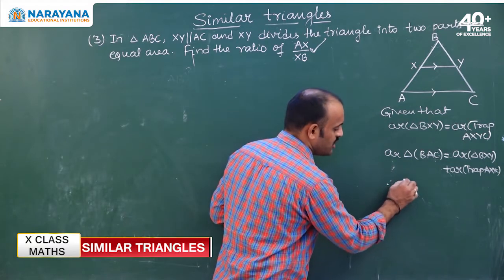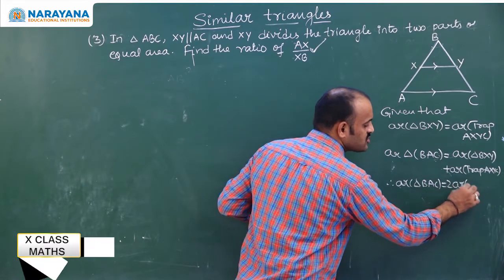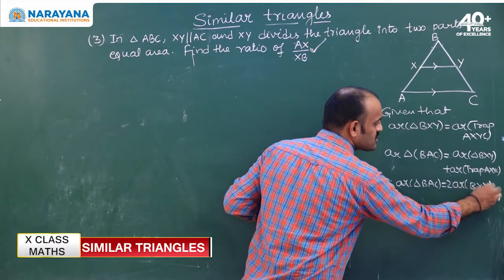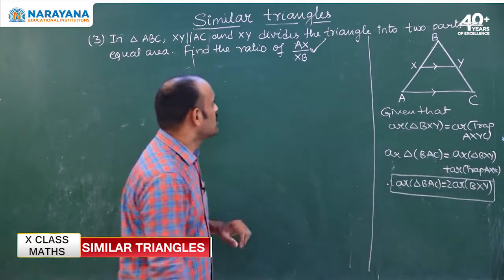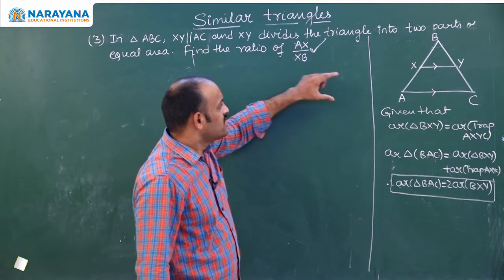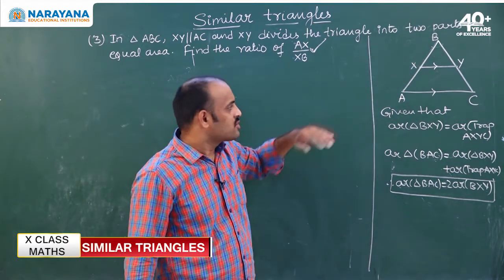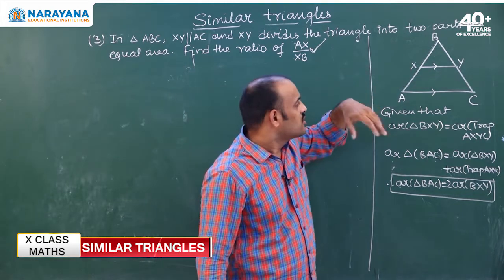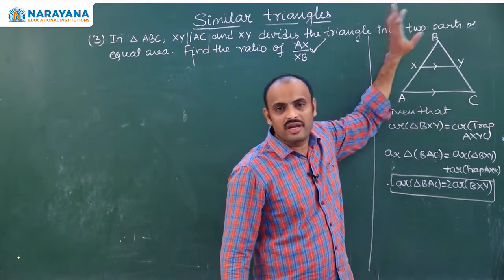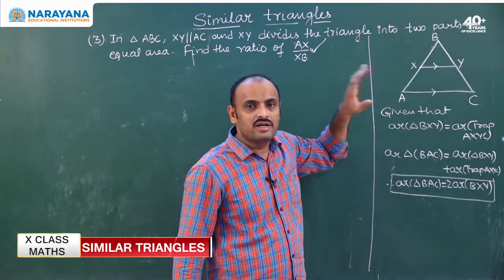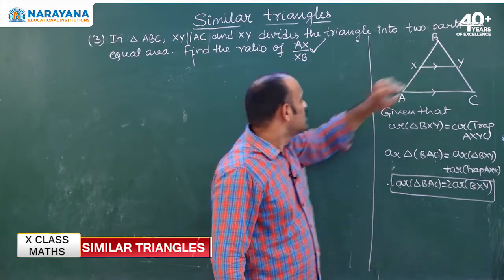Therefore, area of triangle BAC is equal to 2 times area of triangle BXY. So, keeping this in mind, now he is asking to find AX by XB, the ratio of the two sides. What I do is, I will consider the upper triangle and the bigger triangle, and I will try to prove them similar.